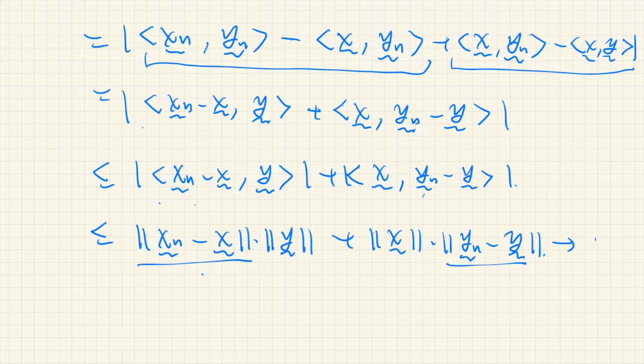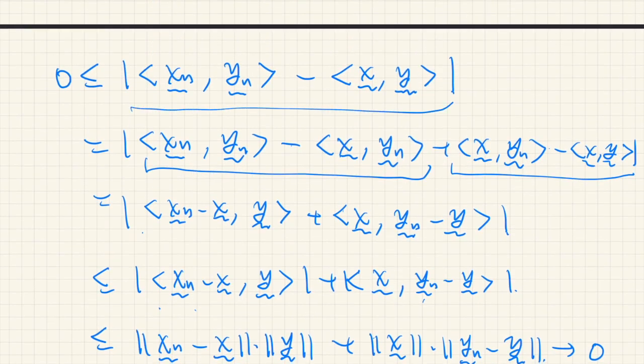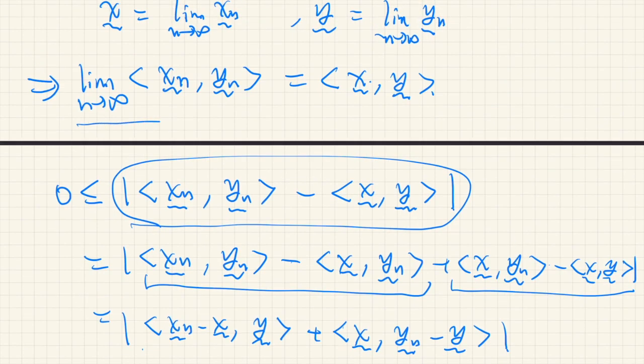So everything converges to 0. Therefore, this thing converges to 0. That means that the inner product is continuous with respect to both of the arguments. And we are done.